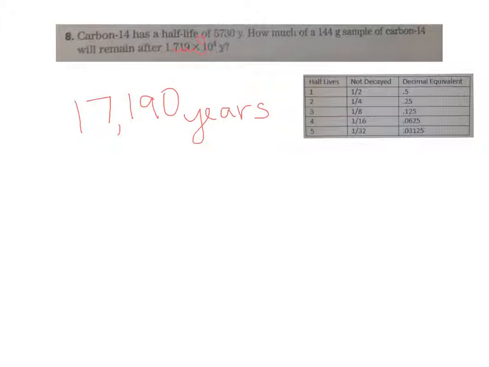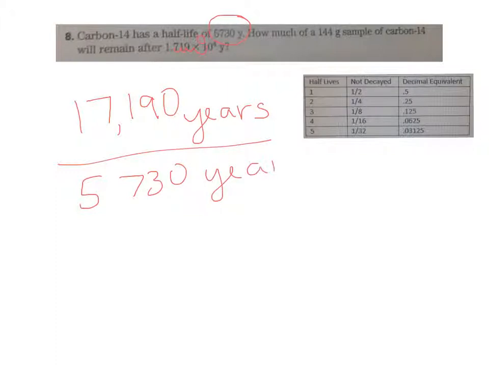So I have my total amount of time, and I have the length of one half-life, 5,730 years. So I just divide the total time by the length of one half-life. And I'm going to get 3 half-lives.